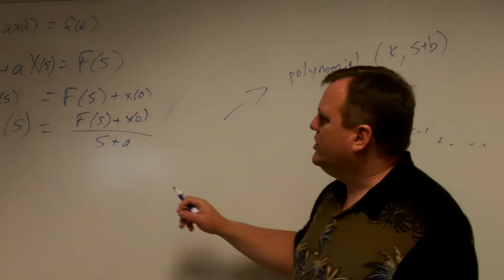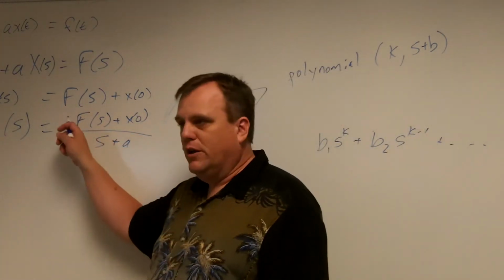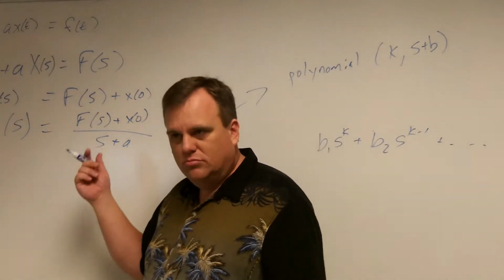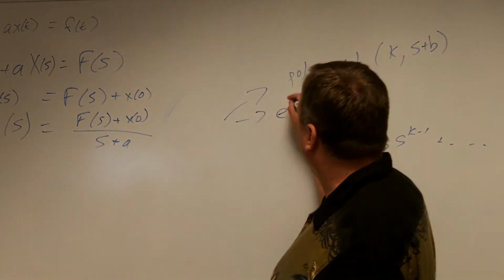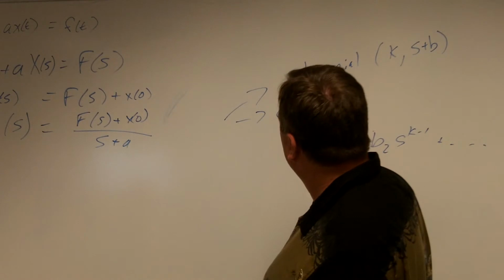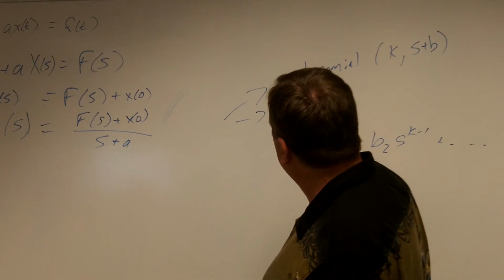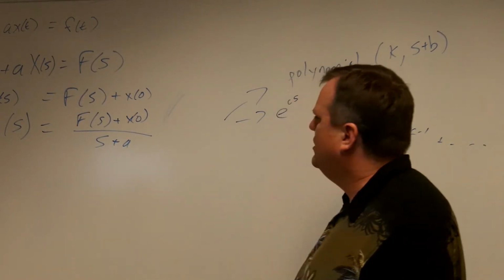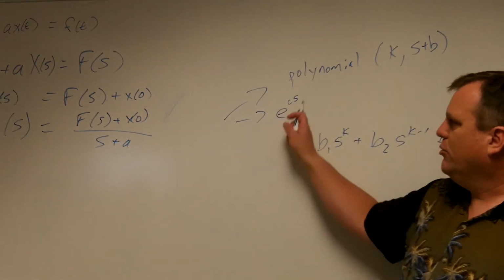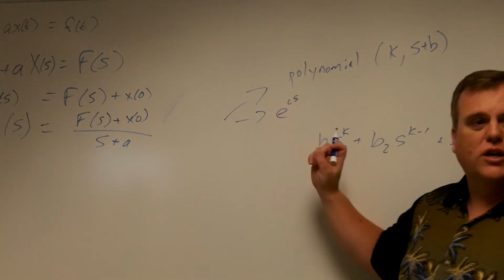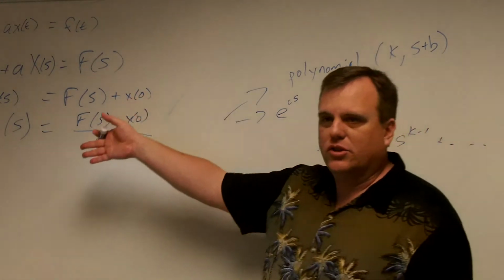Notice there's other things that this could be. This could involve trig functions or exponentials. And all of those we've mentioned look like something like e to the cs, because we're in the s domain. And remember, when you get this exponential here, it's talking about what's happening in the time domain.